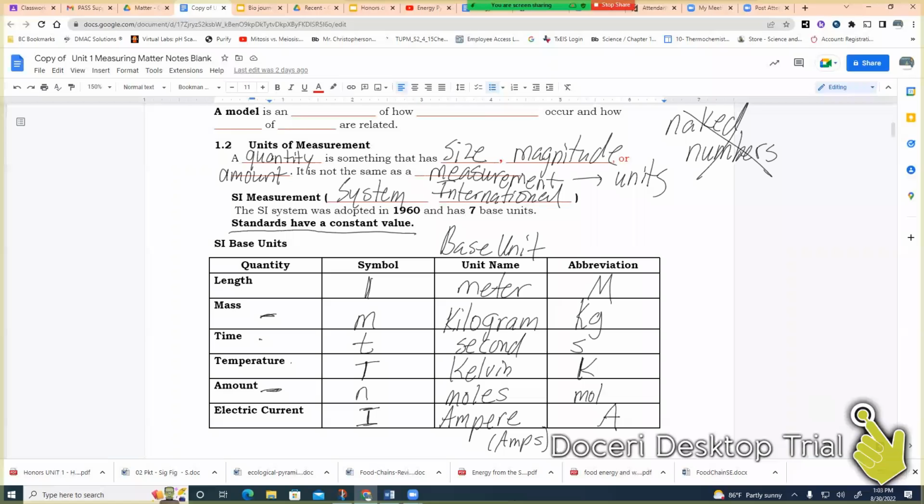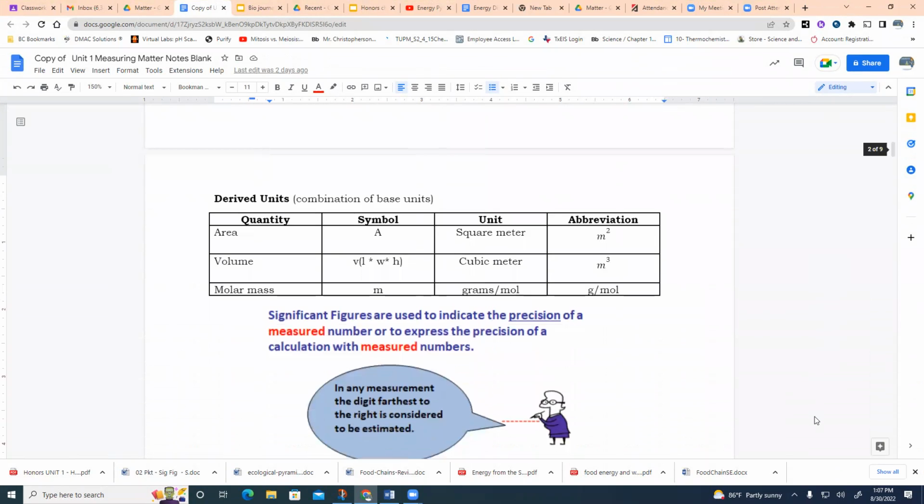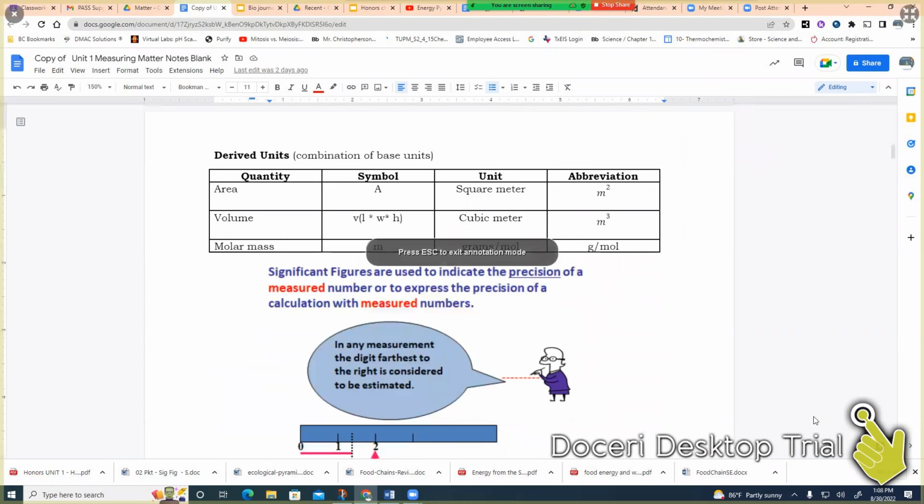All right, sometimes we will have what is called a derived unit. That is a unit that has maybe two or three or even more components to it, so it's a combination of base units. So we've done some kind of math, and we multiplied or divided, or maybe both.